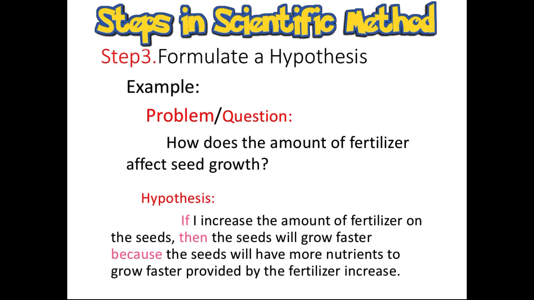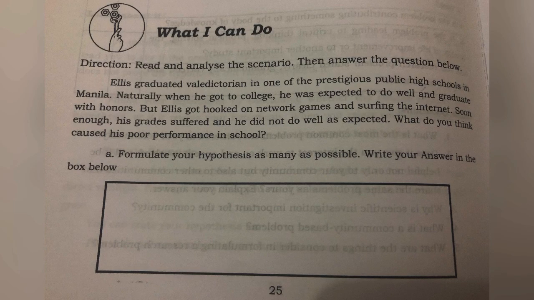Now, our hypothesis, based on how we stated the hypothesis earlier, is: if I increase the amount of fertilizer on the seeds, then the seeds will grow faster because the seeds will have more nutrients to grow faster provided by the fertilizer increase. Now, it's your turn.